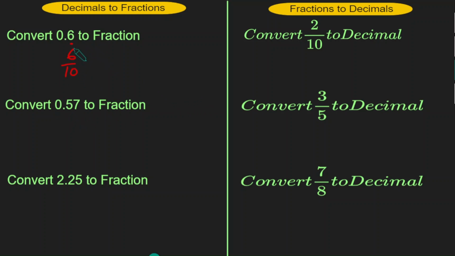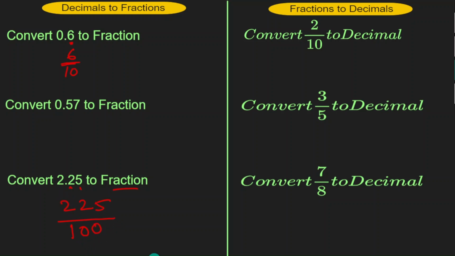Also, we can think that because there is one decimal place after this decimal point, first we will write the number that is there in the decimal as a whole. For example, here we can write 225 altogether in the numerator, and then we will see how many decimal places we have in this number. So we have two decimal places. For that, we will put 00 and then 1 in the denominator, because we are converting this into a fraction, and a fraction is in the form of a numerator and denominator.